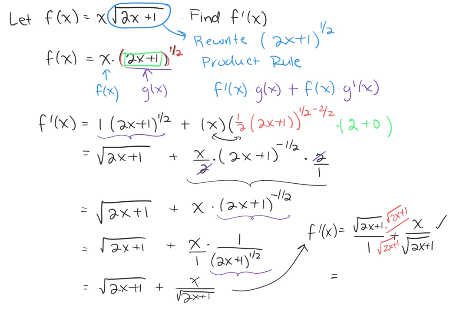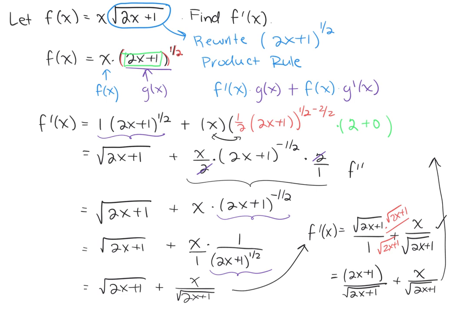So the square root of 2x plus 1 times the square root of 2x plus 1 just gives me 2x plus 1. And then on the bottom, that's the square root of 2x plus 1, plus x over the square root of 2x plus 1. And then hopefully, I'm sorry, I'm running out of space again. You can see that I can just add the numerators and then the denominators are the same.